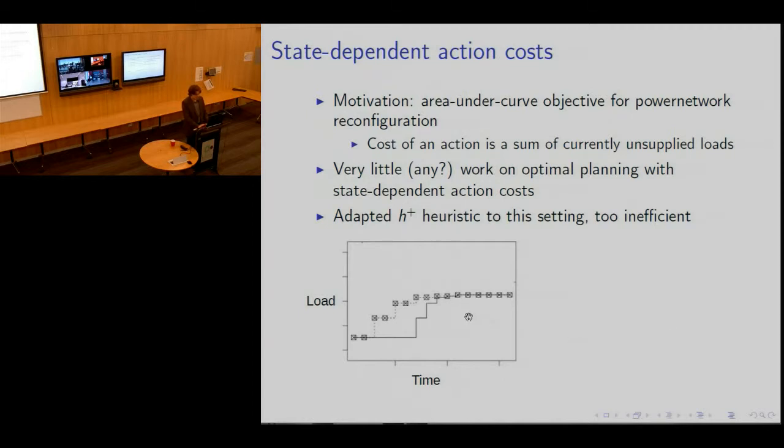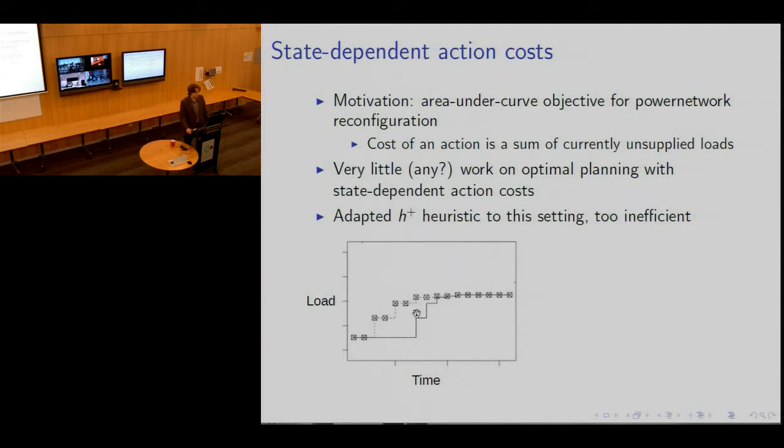And by that I mean, if you plotted load supplied over time, you would get this sort of curves, and you would basically want to maximize this area because you would want to resupply more of the loads as soon as possible rather than leaving portions of the network without power. This is an example of two plans which have equal number of actions, but this one is better because it resupplies more loads sooner.